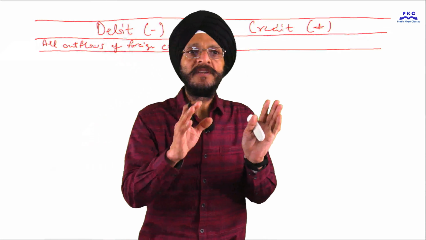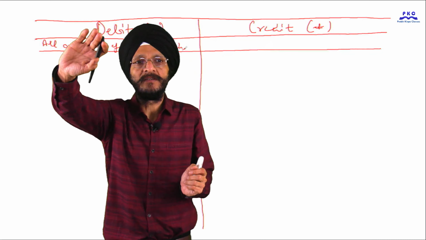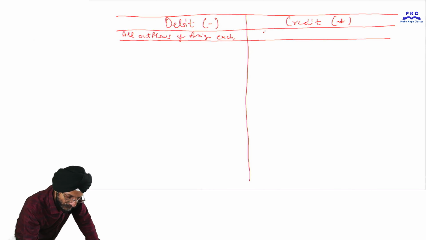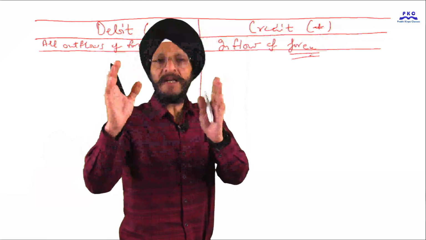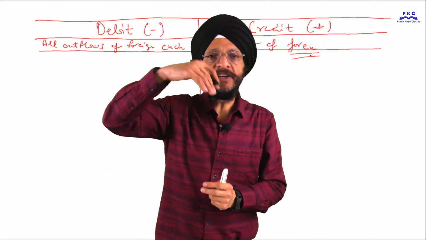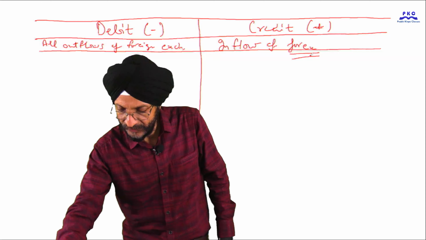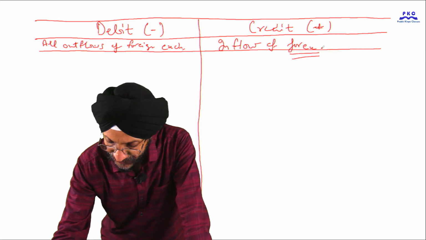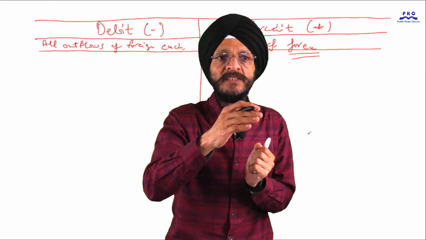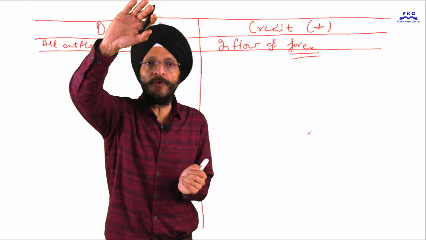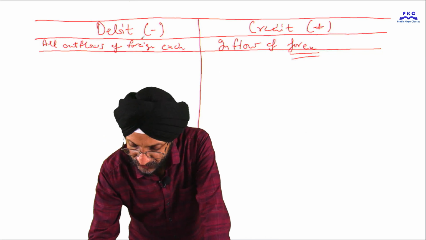All the items which result into inflow of foreign exchange, forex, are to be taken on the credit side, and all the transactions which result into the outflow of foreign exchange are to be taken on the debit side.